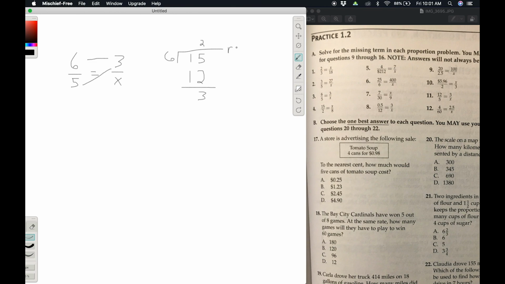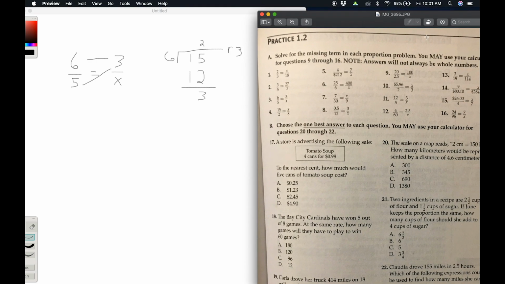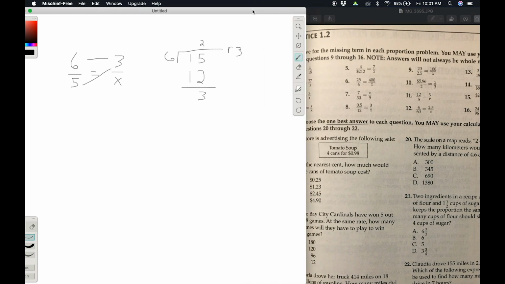Remember, it said up here, answers will not always be whole numbers. So as we can see, this is not a whole number. But we know that 3, the remainder 3, is half of 6.